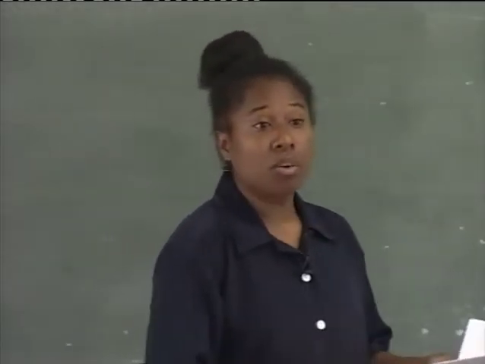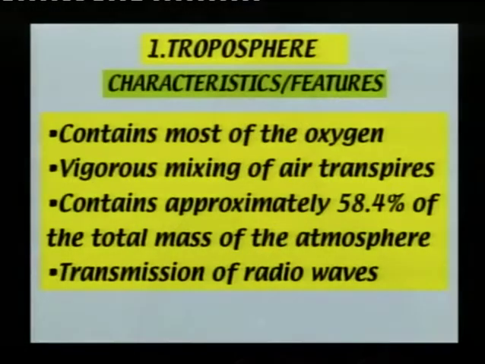One of the students also mentioned that within the troposphere, that's where most of the oxygen is actually contained or found. That is important. Because of this, life is also able to not adjust only, but live within this zone, the troposphere. One of the students also mentioned the vigorous mixing of air transpiring.